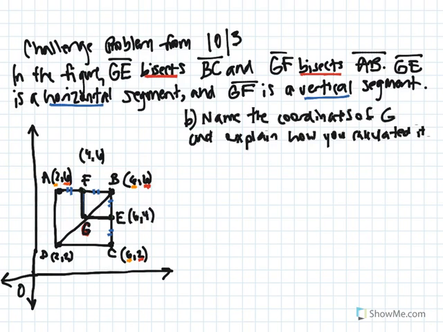So let's see. If a line is parallel to the y-axis, that means that we can count in order to find its distance, right? This is a review of last week's lesson, okay? So from 1, 2, 3, 4, 5, 6, 7, 8.